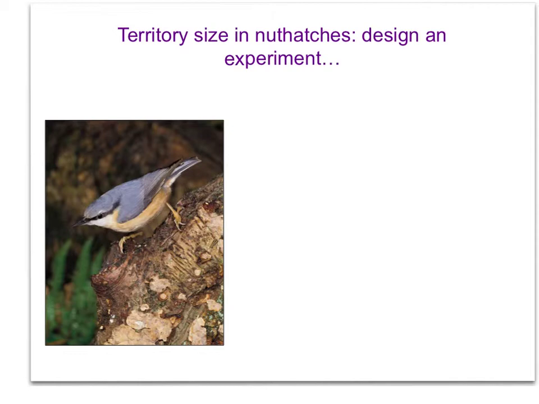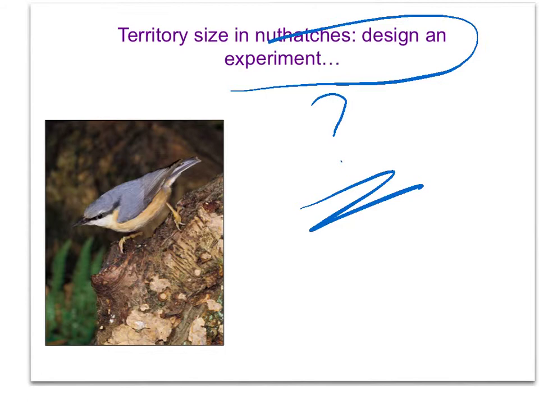Come up with a hypothesis, right? Design an experiment. And maybe if we were in class, we would do that. But what I want you to do is think about the observations, questions, hypotheses, and predictions that you could come up with in terms of designing an experiment about territory size, food density, and nuthatches.